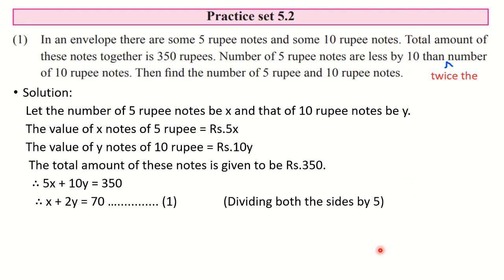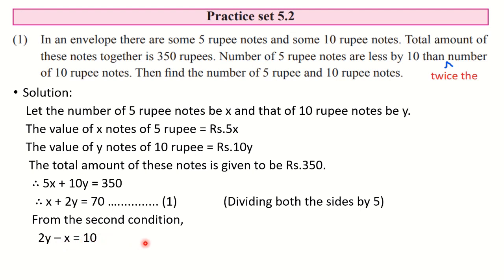So what we can write down here is 2y minus x is equal to 10. Or if you want, you can write it this way also: the number of 5 rupee notes, x, is equal to 2y minus 10. So this equation you can write as x is equal to 2y minus 10.